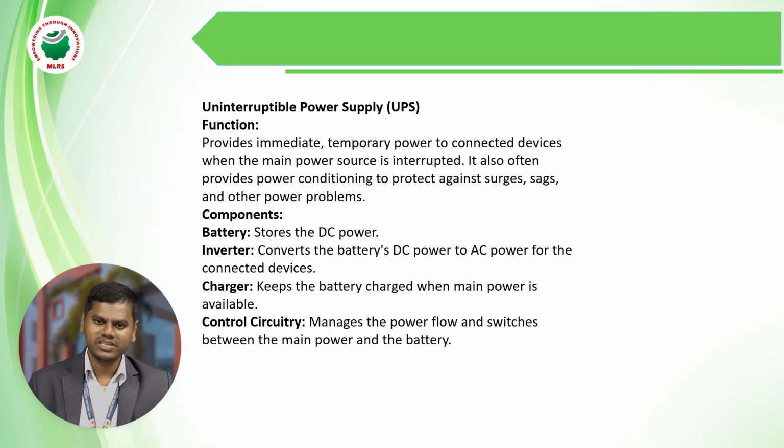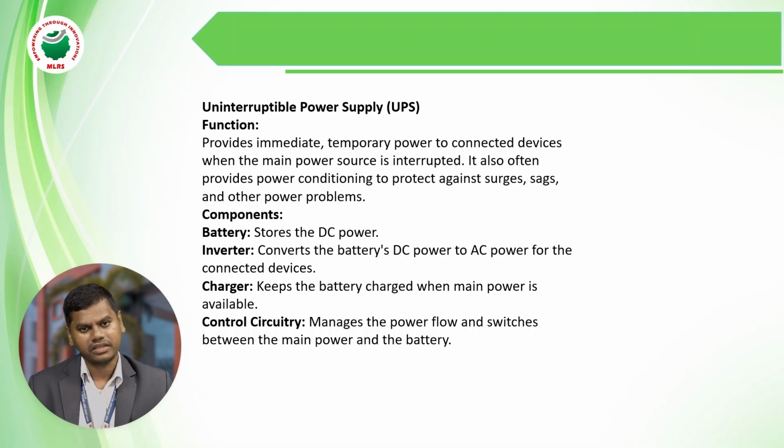AC to DC, on the other hand, is a rectifier. Next, the charger keeps the battery charged when the main power is available. And the last one, control circuitry, manages the power flow, switching between the main power and the battery.